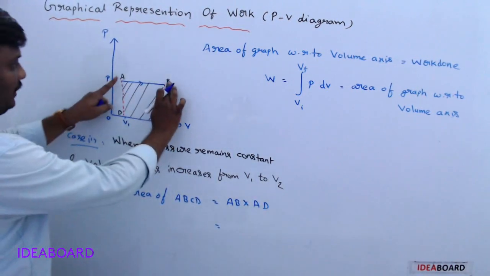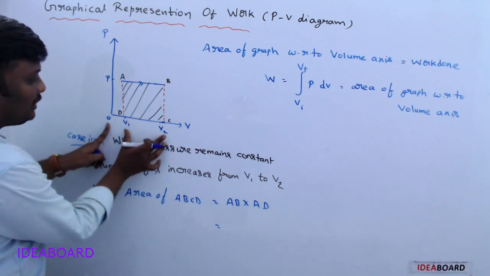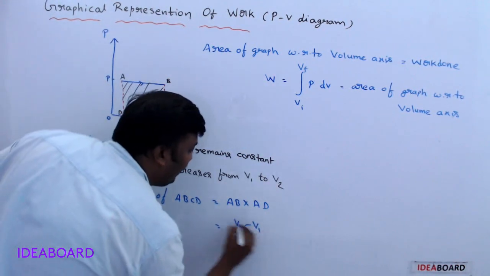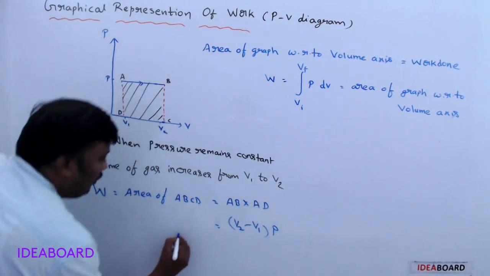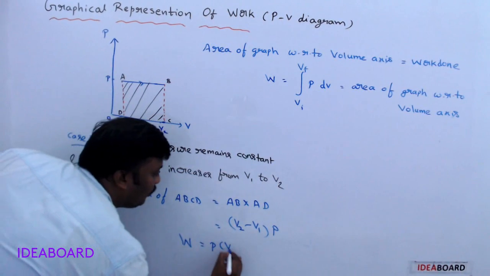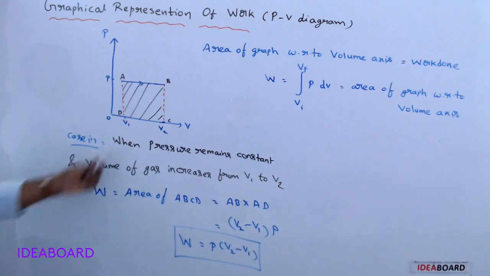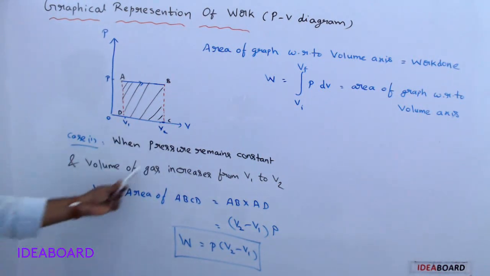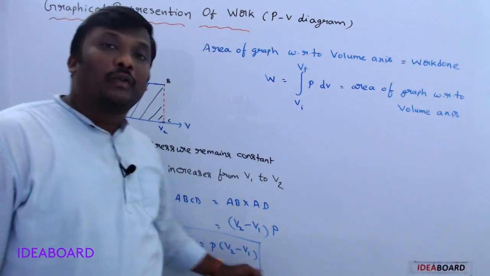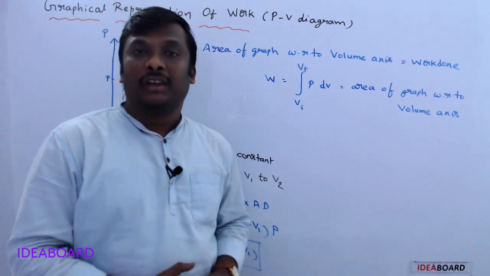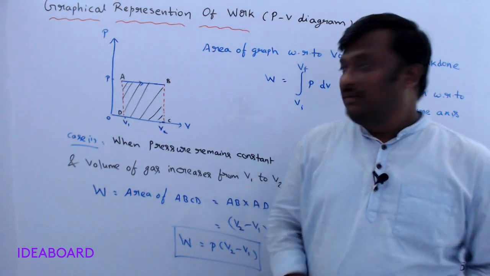AB is only this part, V2 minus V1, and AD is P. So the formula for work done is P into (V2 minus V1). When pressure remains constant and the volume of gas increases from V1 to V2, the work done is P into (V2 minus V1). This is the easiest way to solve numericals using the graphical method. Clear? Note it down.